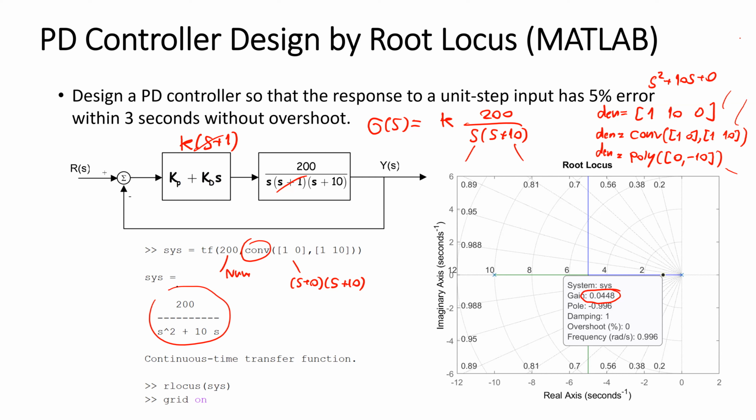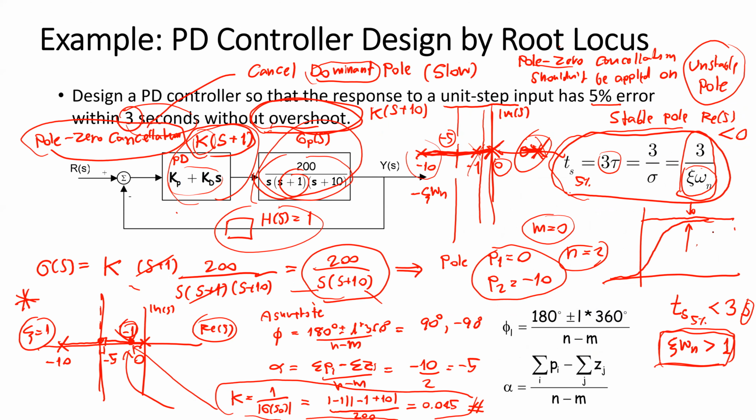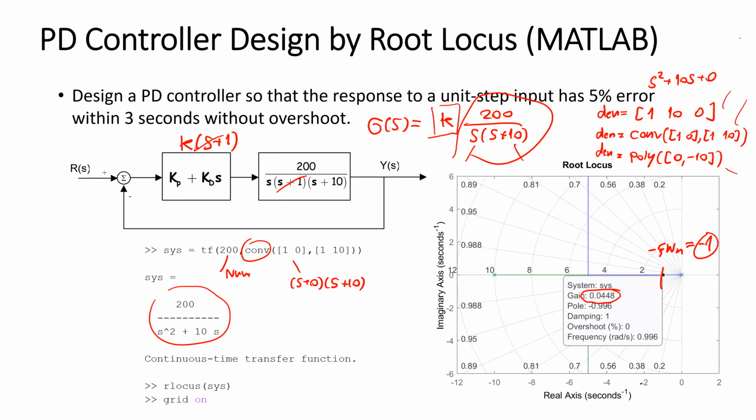And I plot the root locus of this open loop transfer function when we vary the gain K. And at this minus sigma omega n equal to -1, which satisfies the response speed requirement, we need the gain about 0.45.